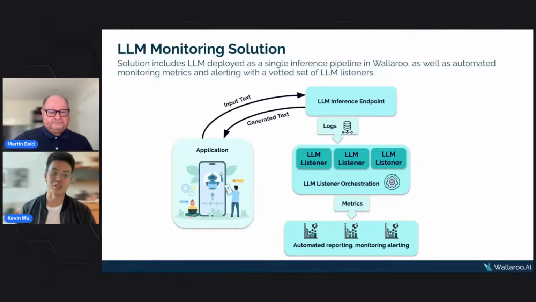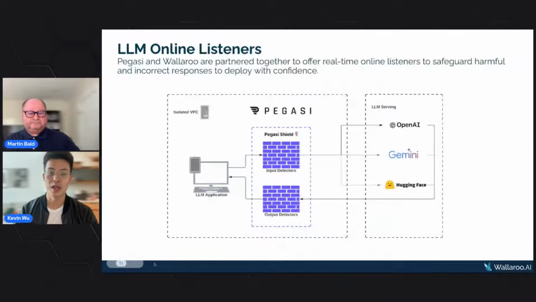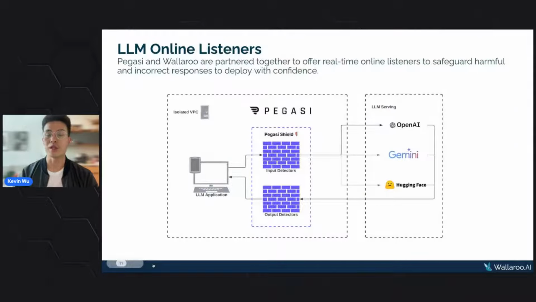Thanks so much, Martin. This is really great. We're really excited about our partnership here between Wallaroo and Pegasi. We're very much powering the online listeners. What we hear is that Gen AI is very useful, but when it makes mistakes, hallucinations, or toxic outputs, they're highly costly. For enterprises, especially financial institutions and other regulated firms, these mistakes can leave them open to severe financial losses, legal liabilities, and brand damage.